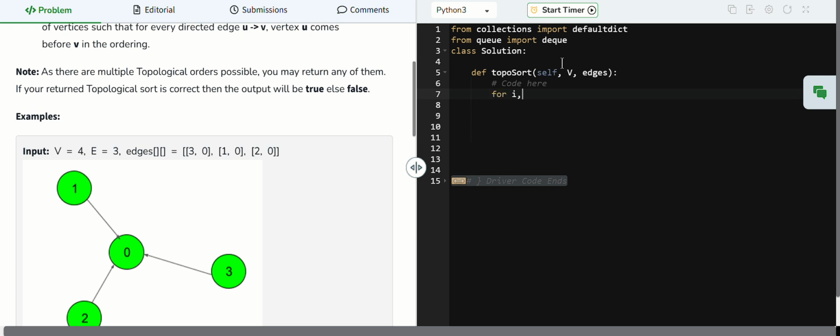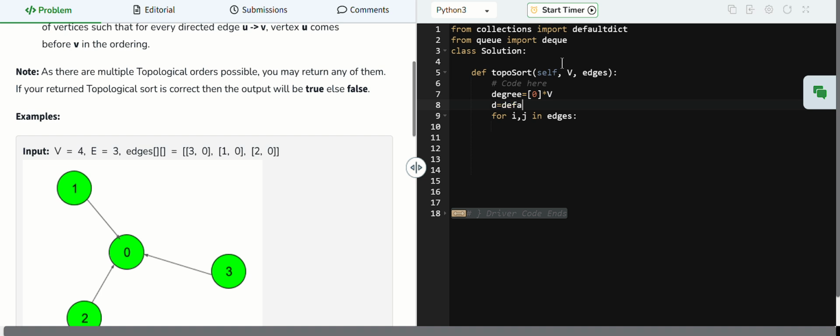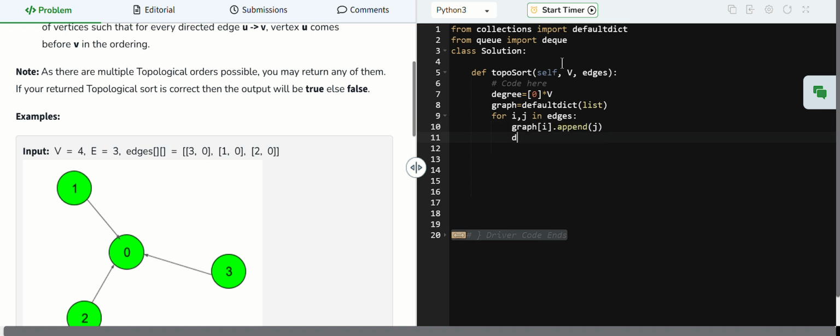We also have to maintain the degree of each node. So degree equals [0] times V. Then for i, j in edges, I have to make the default graph. Fine. So graph[i].append(j), and also degree[j] += 1.